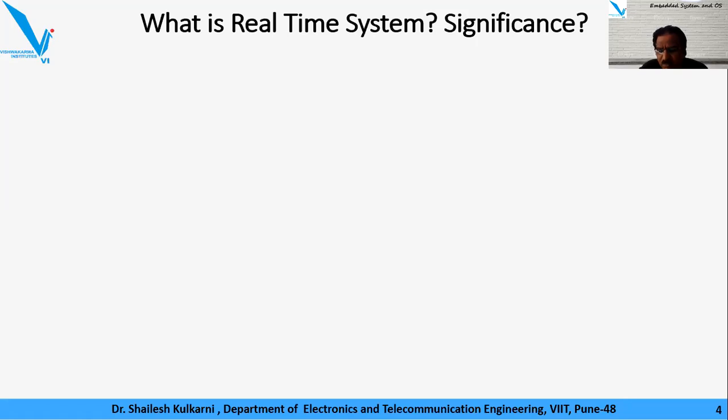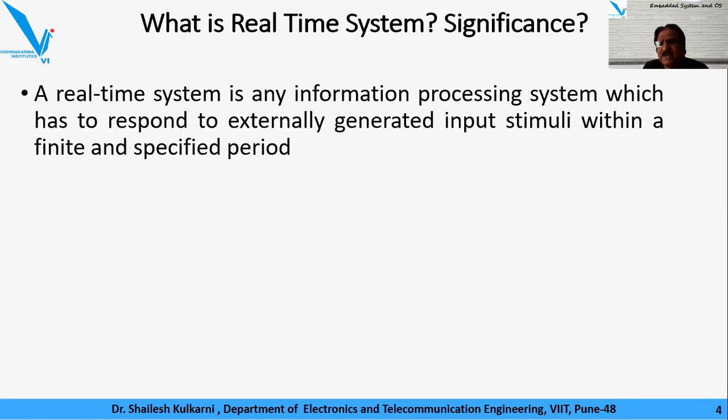Now let's see formally what is written in the literature related to real-time systems. It is written that a real-time system is any information processing system. When I say any information processing system, I refer to an application that we already know, which falls into the 3 C categories: control application, communicate application, and computing application.